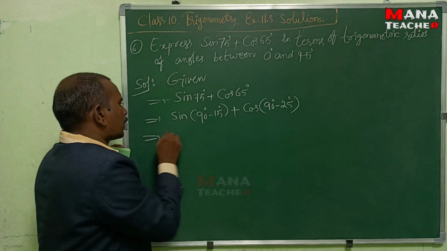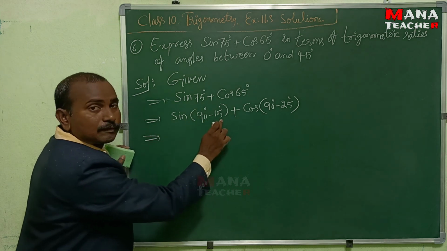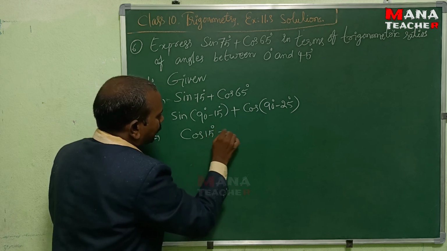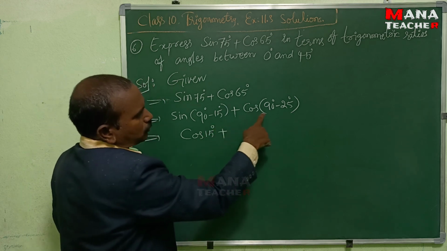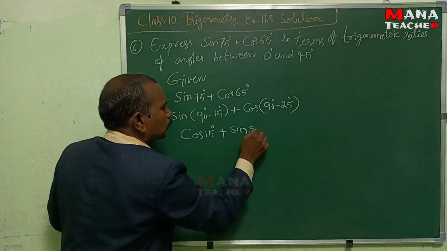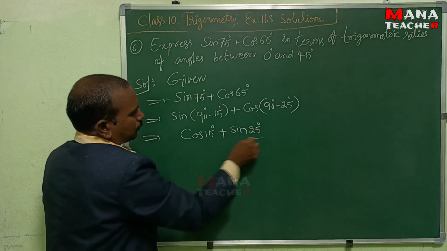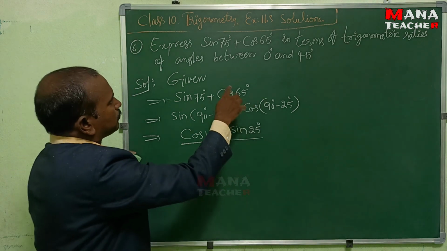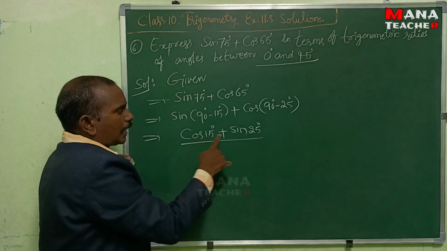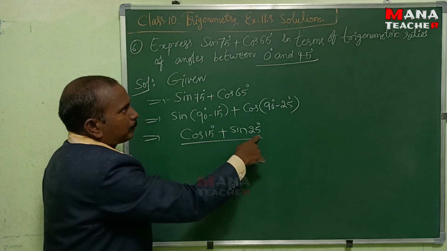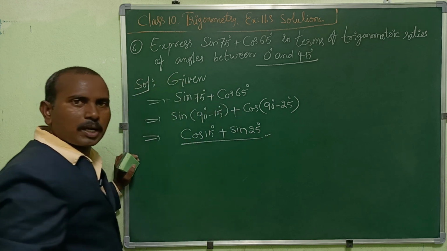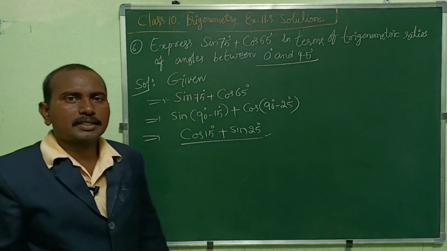Here sin 90 minus 15 is cos 15 degree, plus cos 90 minus 25 is sin 25 degrees. So what is asked in the problem? The angle between 0 and 45. 15 and 25 are between 0 and 45. So this is the sixth problem from 11.3 solutions.